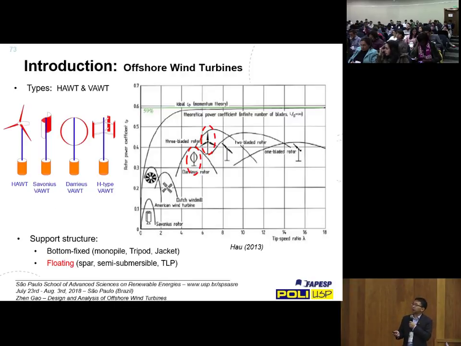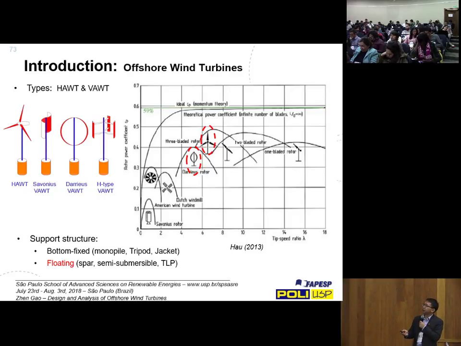We mainly refer to the horizontal axis wind turbine this type, and then the vertical axis wind turbine is the Darrieus turbine, and then the H-type with straight blades. And of course they also use the lift force as the main driving force for electrical generation.